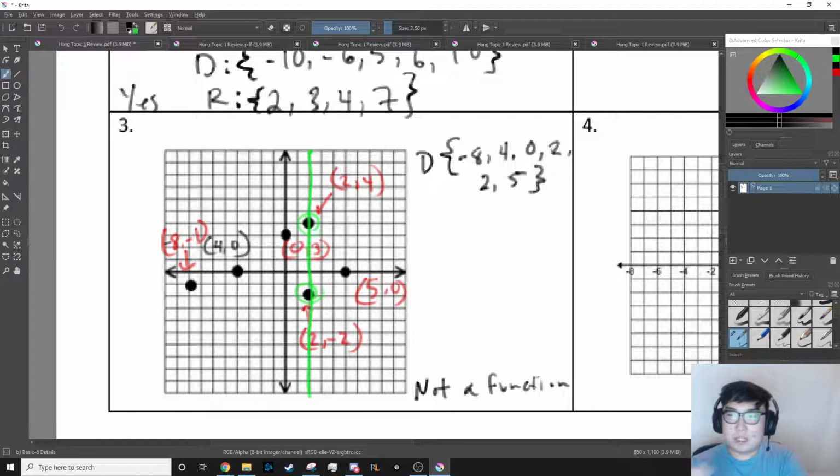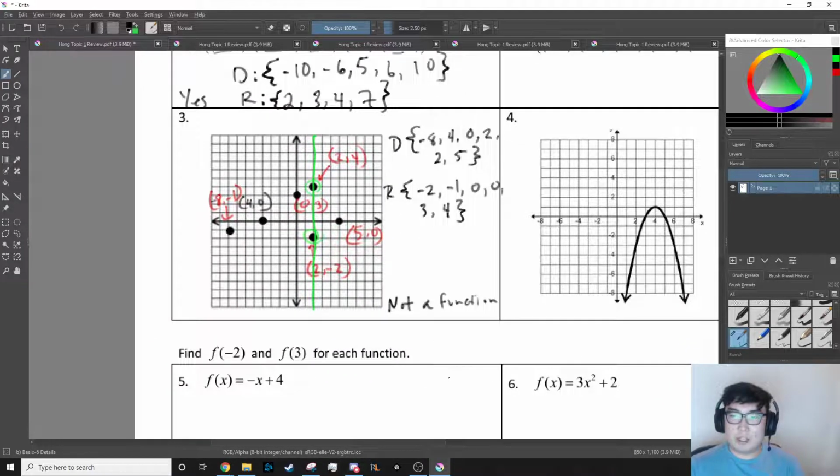And for this one, I do want to repeat them because it shows that it is not a function. And this is negative 2, this is 0. Oh, negative 1 first. Negative 1, 0. I'll just write all of them. 0, 3, and 4. Not too bad. Elementary stuff for you now.